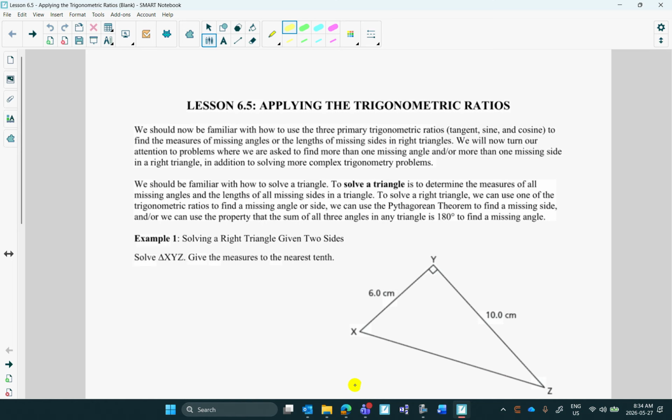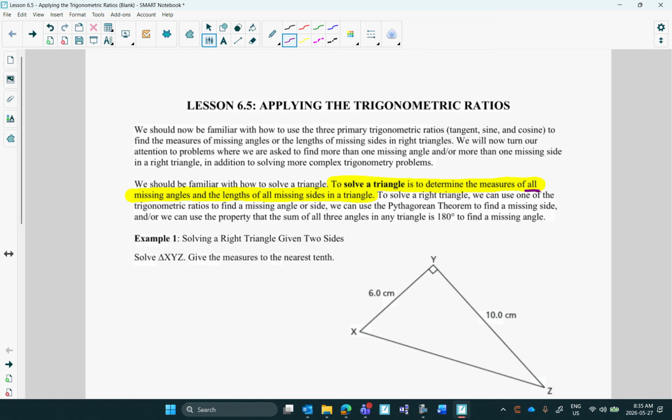One last thing I want to talk about where we can apply this is when you are asked to solve a right triangle. Okay? If you are asked to solve a triangle, that means find the measures of all missing sides and angles.